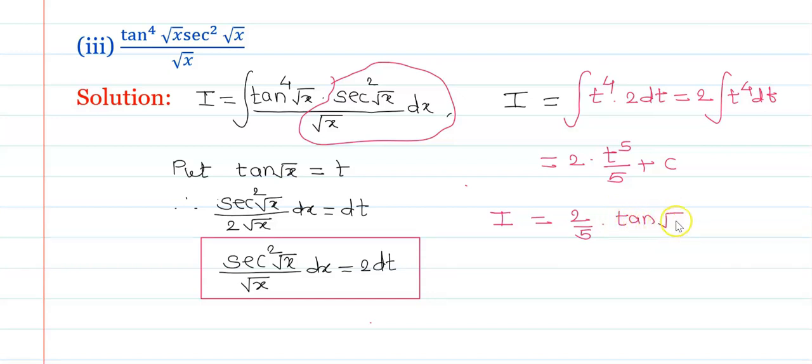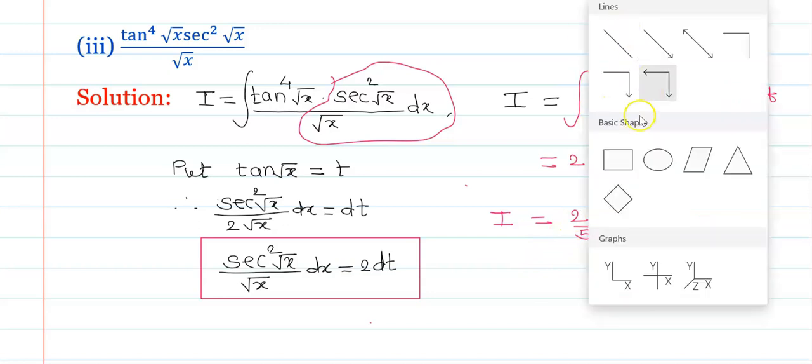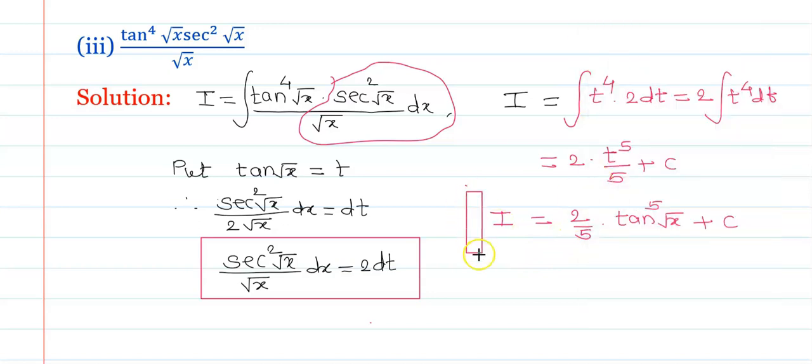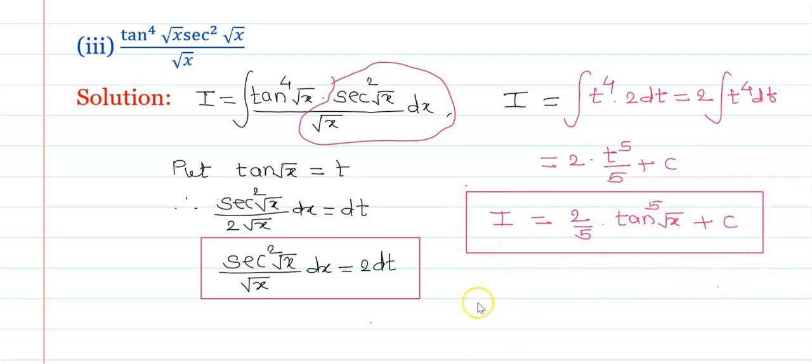Therefore, 2 by 5 tan raised to 5 root x plus c. And this is the answer. This way, the function is present there. Also, at the same time, its derivative is also there. Now we'll see the next example.